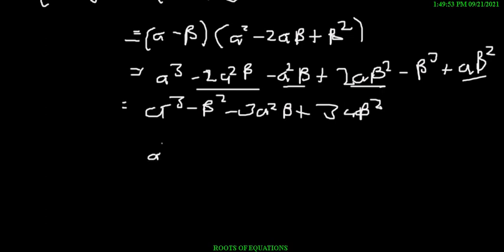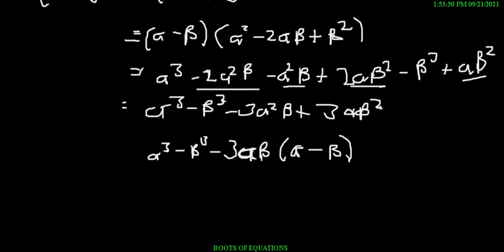Alpha cubed minus beta cubed, this cube, minus negative 3 alpha beta and alpha minus beta.